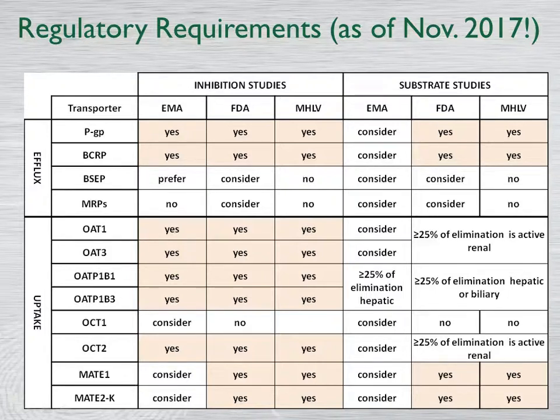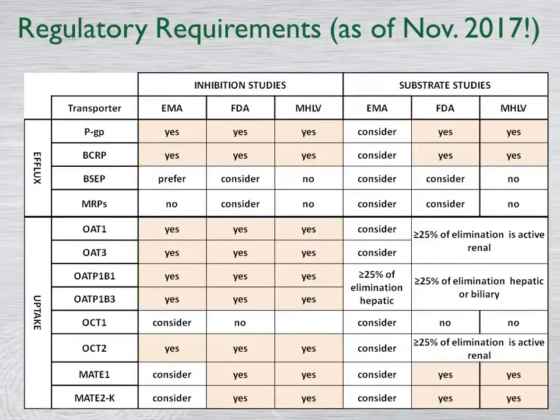Of course, the hepatic uptake transporters, OATP1B1 and 1B3, need to be studied for the inhibition of drugs on these transporters. If there is a hepatic elimination, the substrate studies also need to be performed for all three guidances. Another hepatic uptake transporter is the same, except the EMA just considers.